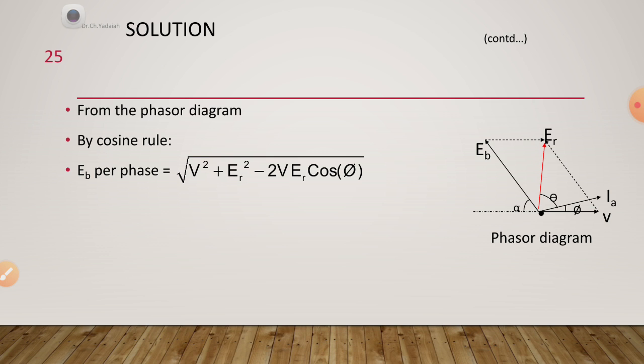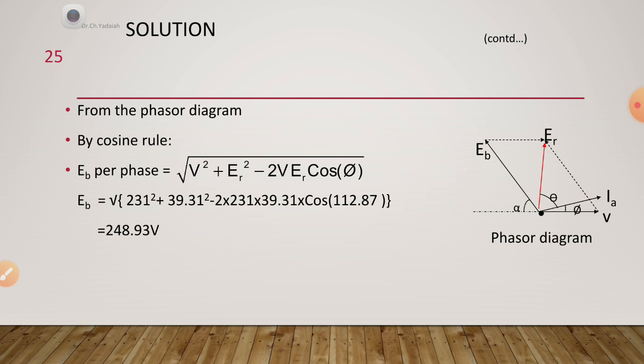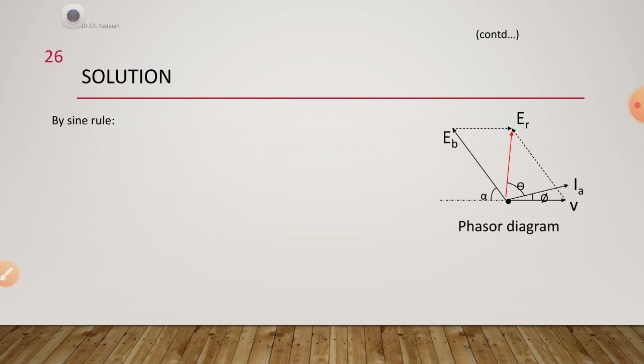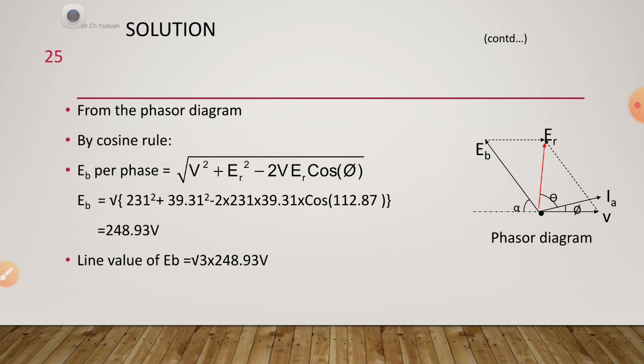Previously we calculated both values, so substituting theta plus phi as 112.87 and the simple values, EB is equal to 248.93 volts for phase values. I want the line value, so multiplying by root 3, it will go above 430 volts. So that is the line voltage EB, the back EMF developed in the motor.